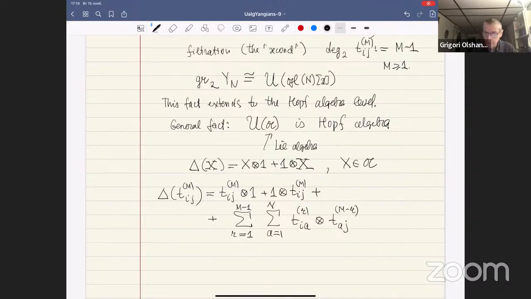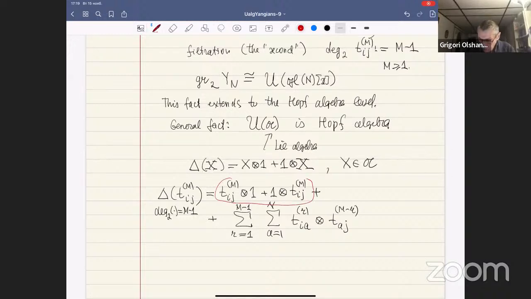And what do we get? On the left, the degree is equal to m minus 1. The degree is preserved under the co-multiplication.